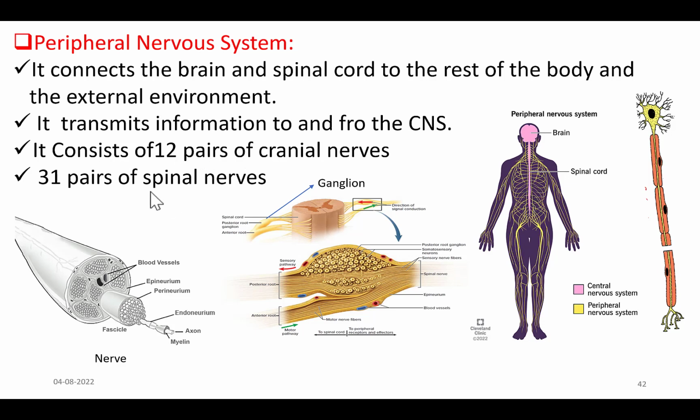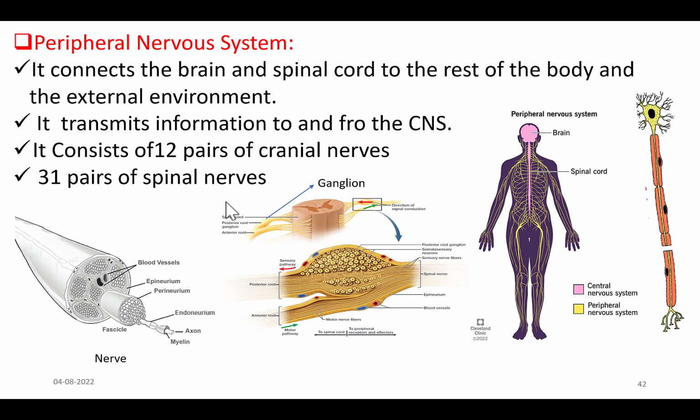So altogether we have 43 major nerves in peripheral nervous system. Though I am saying 43, you are seeing more than 43. You are seeing a multitude of nerves. Those nerves are branches of the basic 43 nerves. Did you understand? So we have 43 main nerves that come under peripheral nervous system.